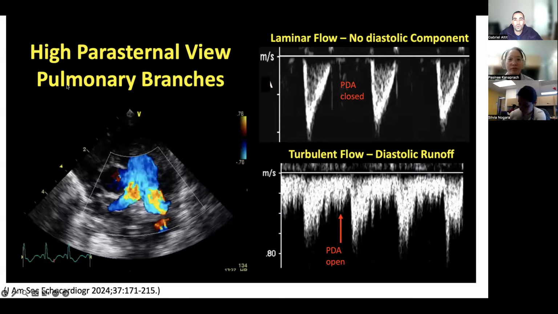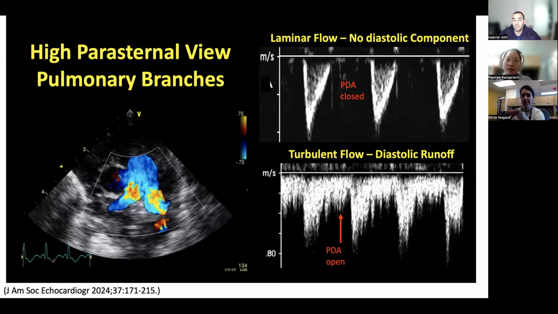So, when you start having a left to right shunt, that brings a lot of blood flow into the pulmonary vasculature. You're going to often start finding that in your RPA or LPA, you start having extension of diastolic flow. And that's exactly what I told you, that because it's a structure that's connecting the aorta to the pulmonary artery, the flow is often throughout the cardiac cycle.